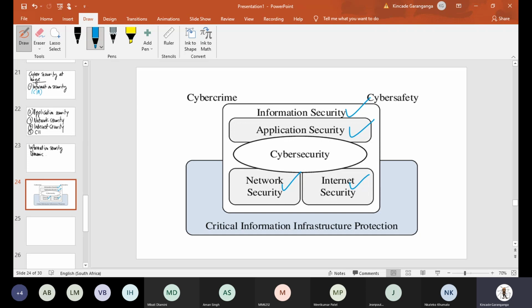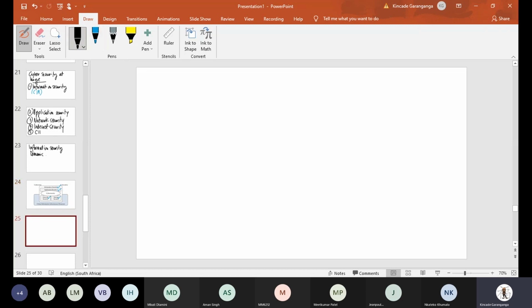So this is the actual relationship that you've got as far as your distinctive information security domains are concerned. So that's the typical example of what's happening in that regard. I think from your own perspectives as well, look at generic security, especially from the prescribed textbook.